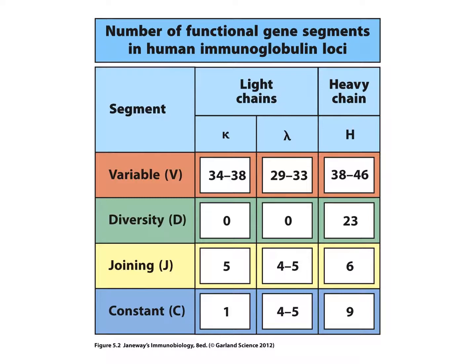They are not going to be able to translate into a functioning polypeptide that can have a secondary, tertiary, quaternary structure. We now refer to these as pseudogenes. At the genetic level, they're still there, but they do not give a functioning V domain.